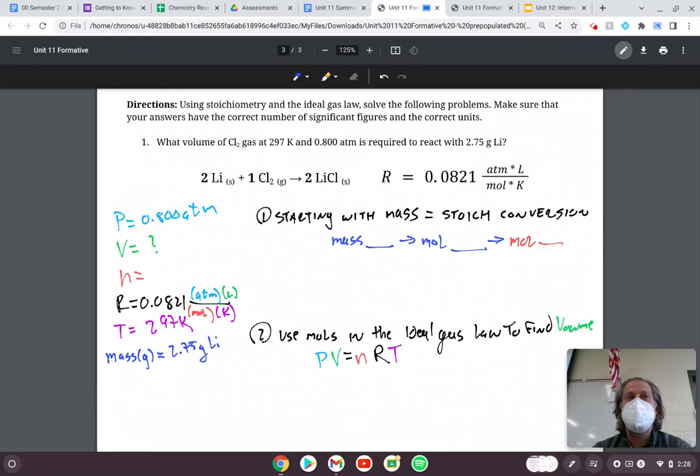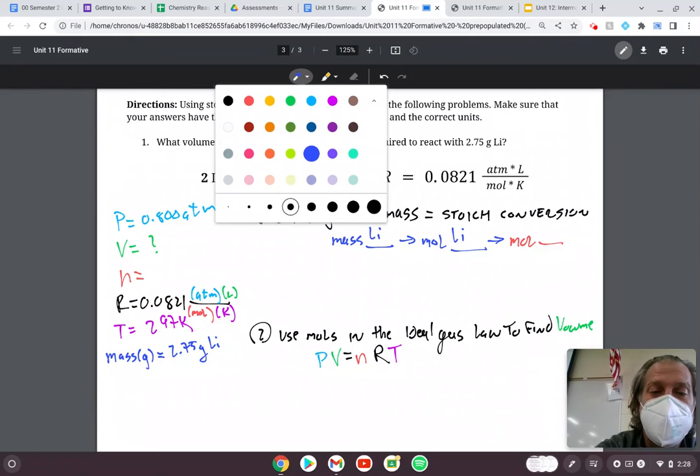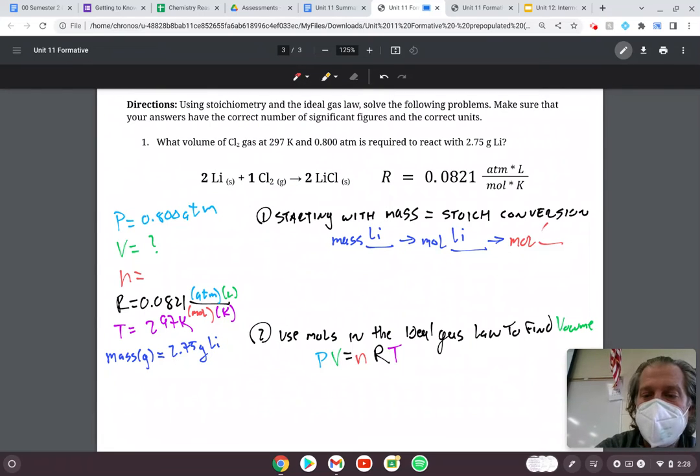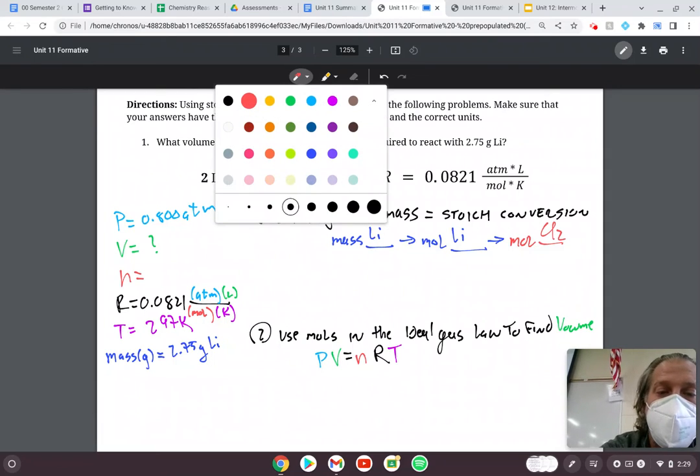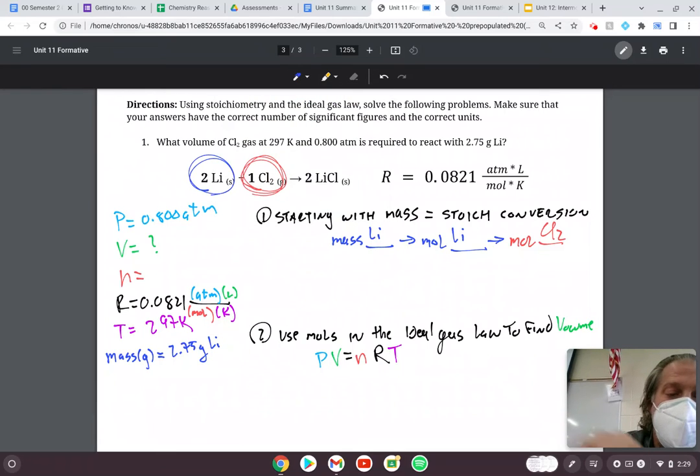So because I've been given a mass, I'm going to use that mass to convert mass of lithium to moles of lithium to moles of Cl2. Okay. So we're comparing, in this case, moles of Cl2 with moles of lithium.